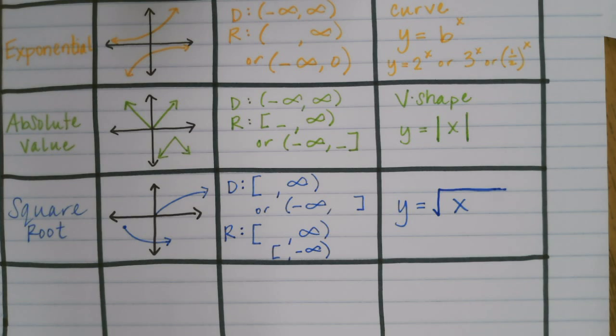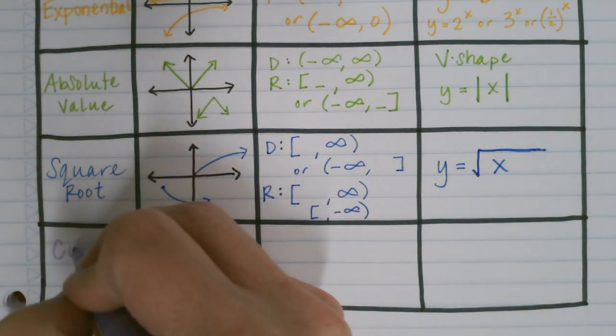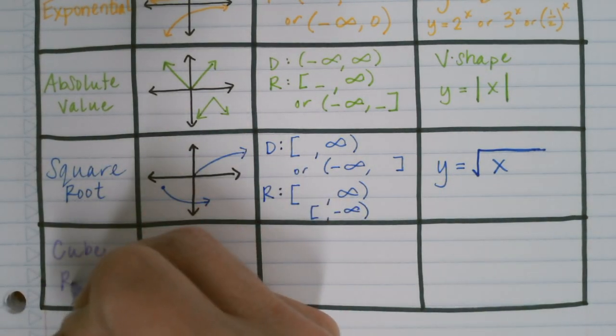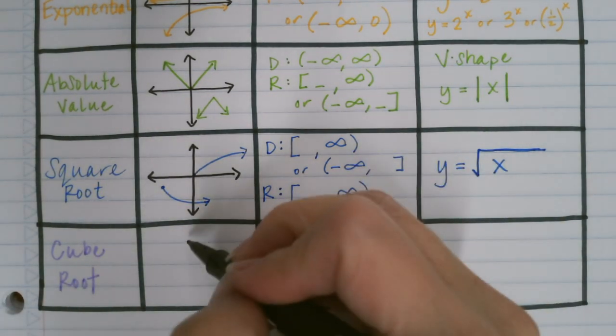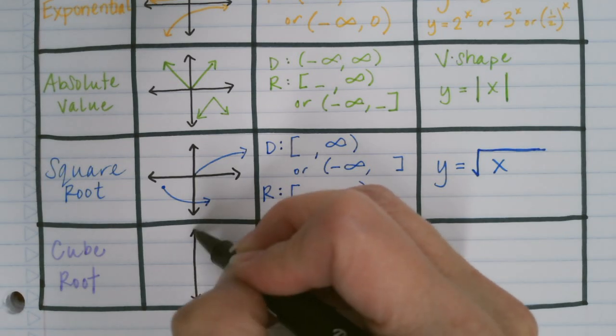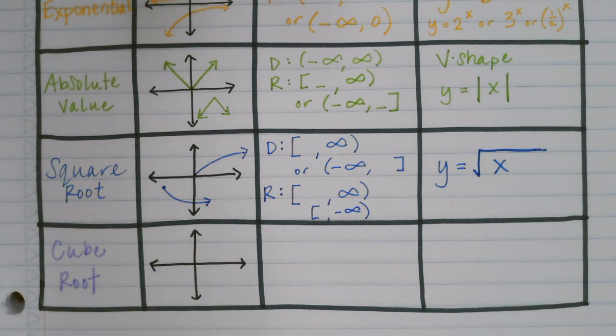All right, last one. So we're almost finished. The last one is the cube root function. And I'm not sure if you have even been exposed to cube roots yet, but you probably can guess that where a square root would go with squaring a number, the cube root goes with cubing a number, or taking it to the third power.